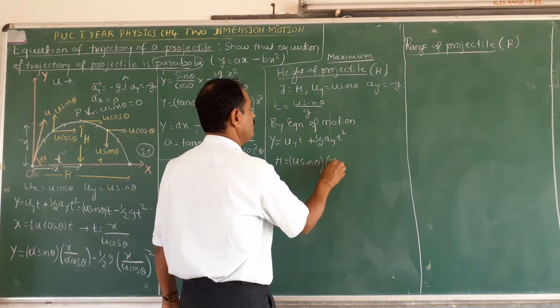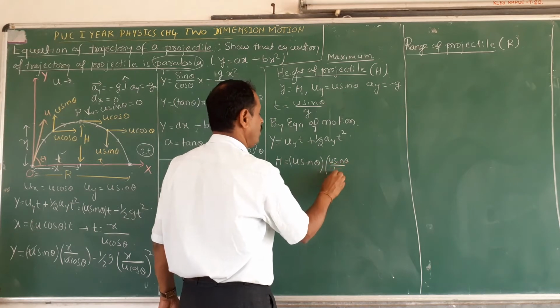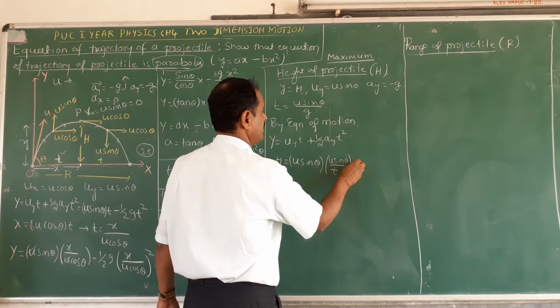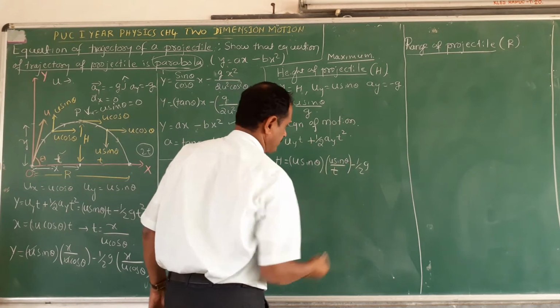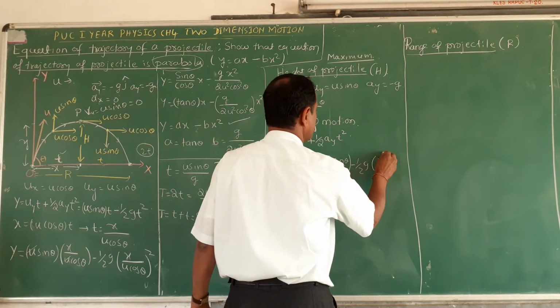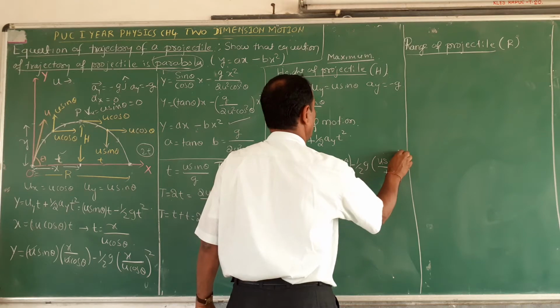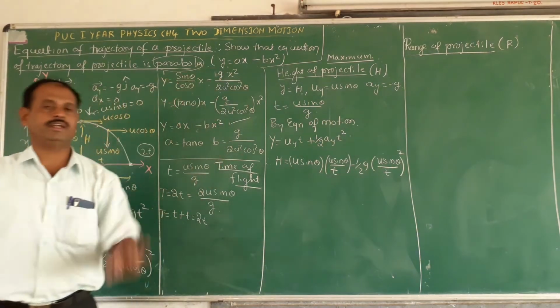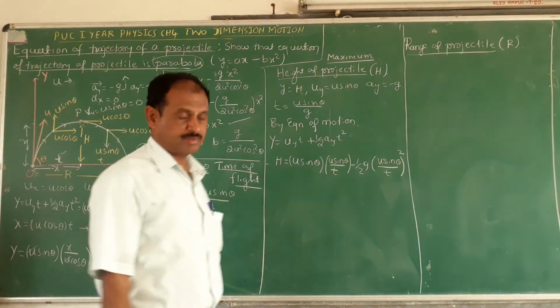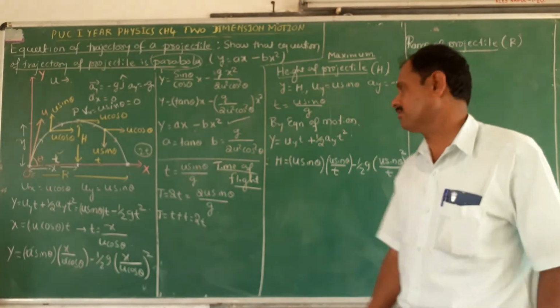So this is u sin theta upon t, minus 1 by 2 g, u sin theta divided by t whole square. This is one of the methods used to obtain the expression for the height of the projectile.